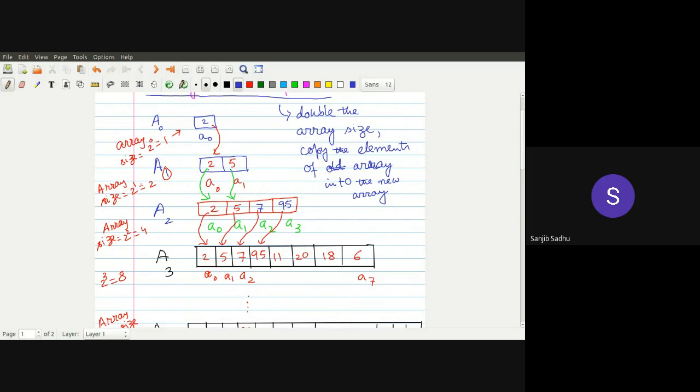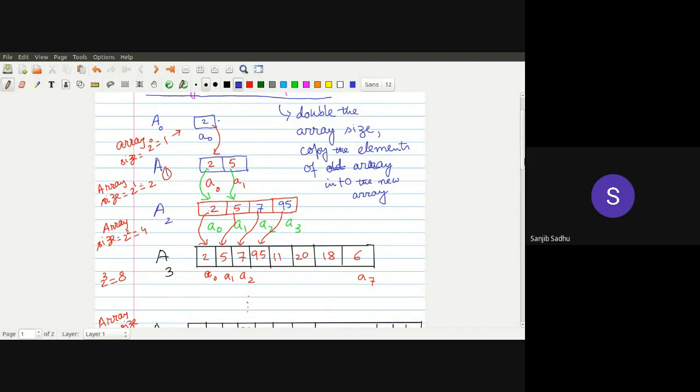Now if it is so, then the total time complexity will be just the sum of all the cells, because I am accessing each of these cells to copy and store. So the total time complexity is nothing but the addition of the total number of cells of all these array levels. That is the time complexity.